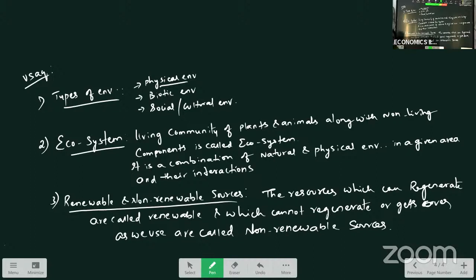So these are the questions you have to prepare from this chapter. If you read the questions I have explained in today's class and revise with that, that is enough from this chapter. So you'll be getting your 5-mark questions as well as VSAQs from this chapter.